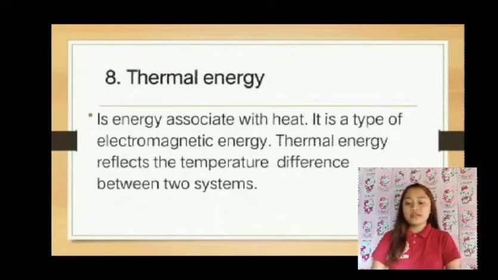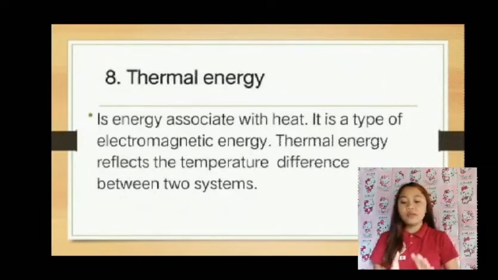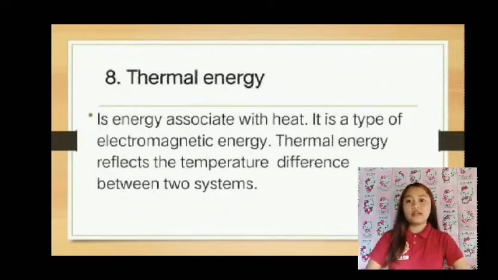So, another example: if we put a pot of water on top of the heated element, which is the stove, the stove will do work. Work is referring to the movement of something when a force is applied. So, if we put a pot of water on the heated stove, the thermal energy of the stove will transfer to the pot and ultimately to the water.